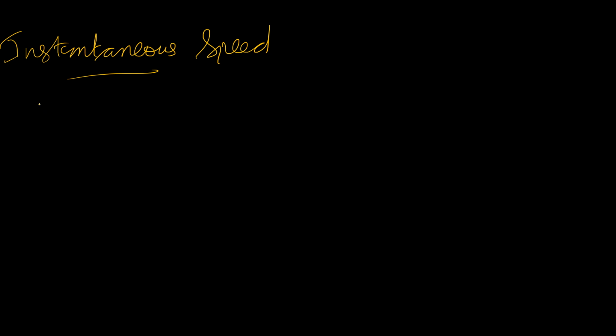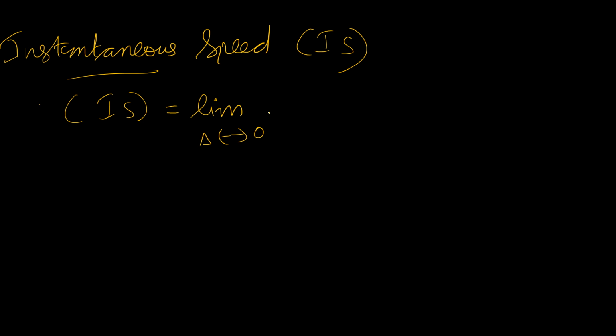I'm just denoting it as is, since it's a very long name. The formula is equal to limit delta t tends to 0, delta s by delta t, equal to ds by dt. This is of limits, which will be learned in the upcoming classes.